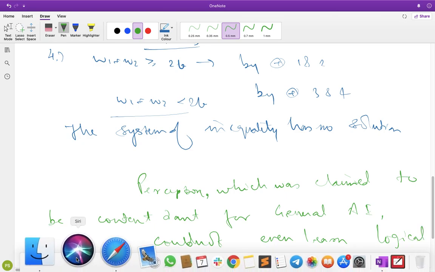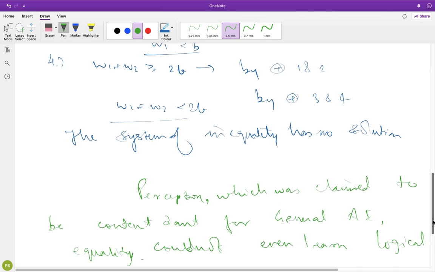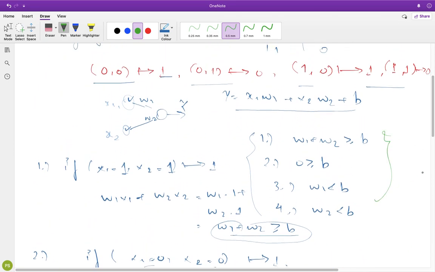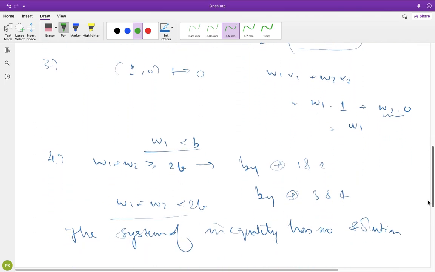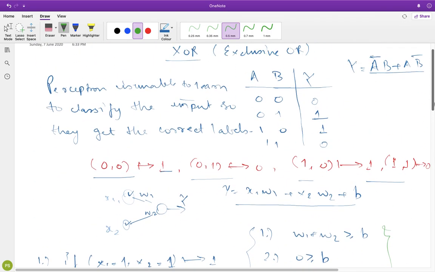XOR is the logical inequality, and these four inequalities have to be satisfied simultaneously. And you saw that the system of inequalities has no solution. So the whole system has no solution.